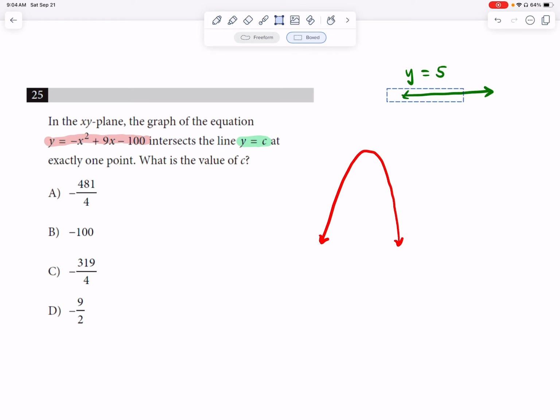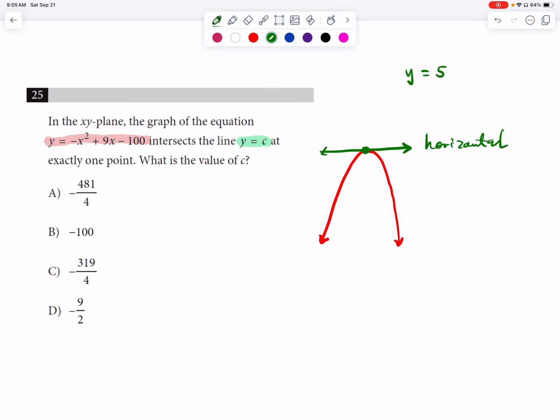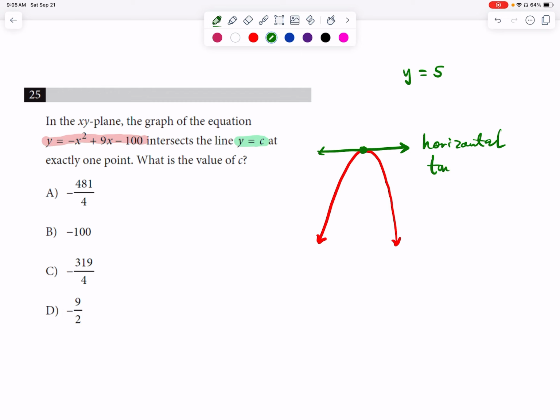If I make this line intersect my parabola, the only way this horizontal line can hit at exactly 1 point is if it hits the vertex. So this horizontal line is actually tangent to this curve. The word tangent means that it intersects at exactly 1 point, as we can see here. So this is a horizontal tangent line.